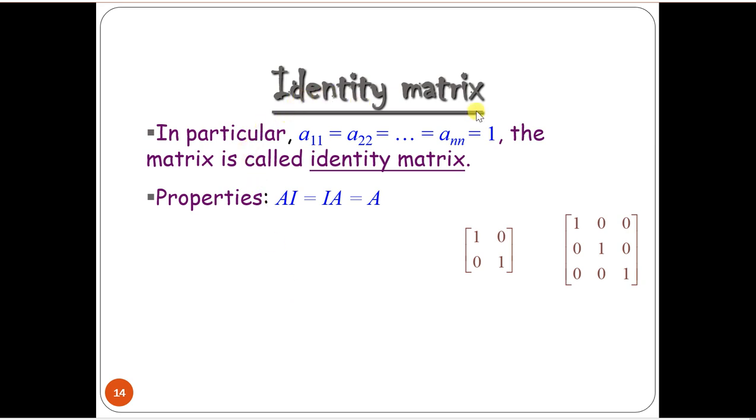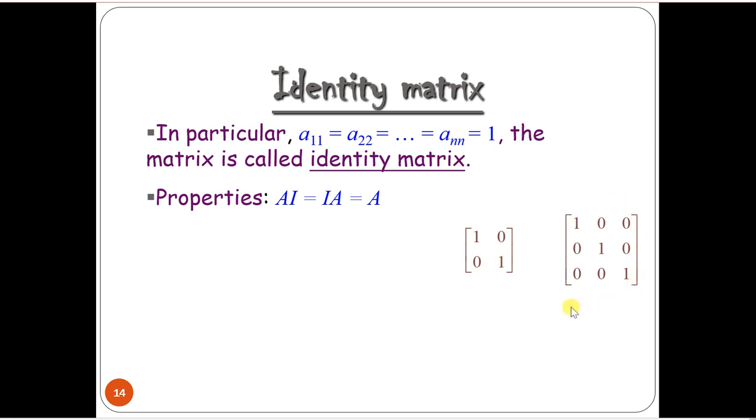Then identity matrix. An identity matrix is a special case of a scalar matrix in which all the diagonal elements are 1. So if A11, A22, up to Ann are equal to 1, then that scalar matrix becomes the identity matrix. Like here we have written an identity matrix of order 2 because it is having 2 rows, 2 columns and all the diagonal elements are equal to 1.